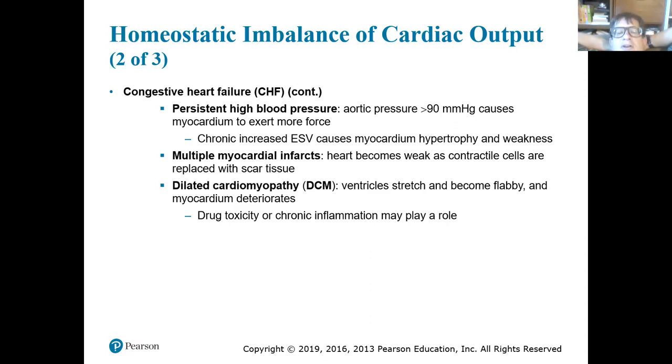If you have multiple heart attacks, the heart gets weaker every time as you replace the living tissue with scar tissue. We've said that before. You know that there's research right now into trying to use stem cells to fix that.